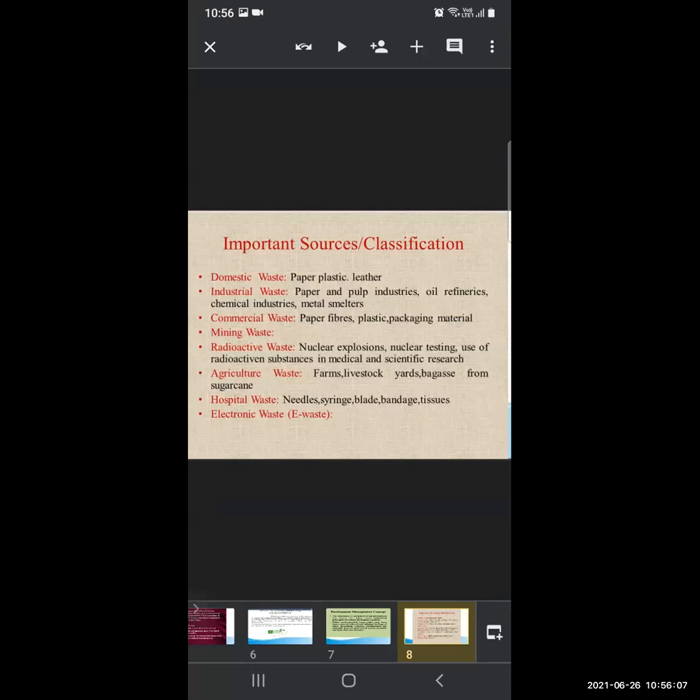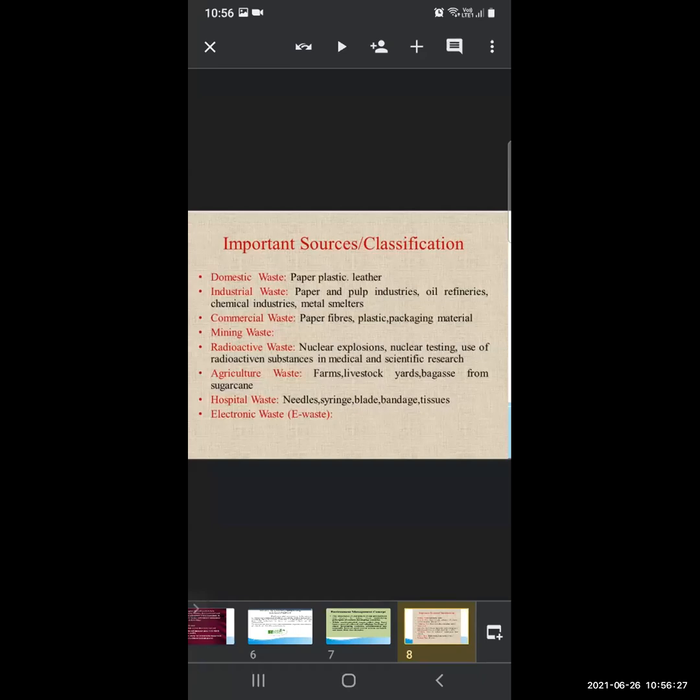Then industrial waste, commercial waste, that is paper, fibers, plastic, packaging material, mining waste, then radioactive waste, that is nuclear explosion, nuclear testing, use of radioactive substances in medical and scientific research.